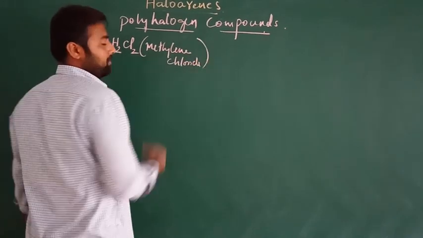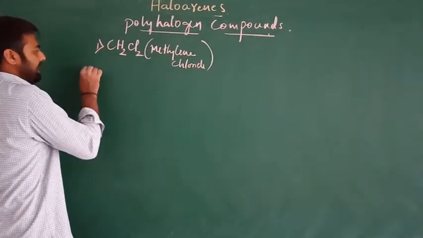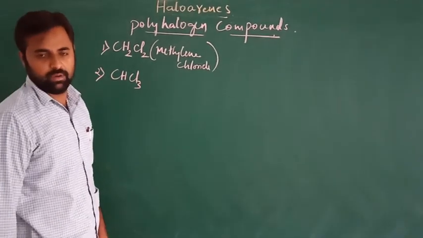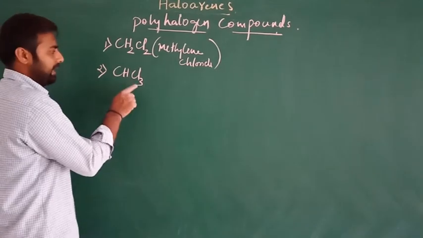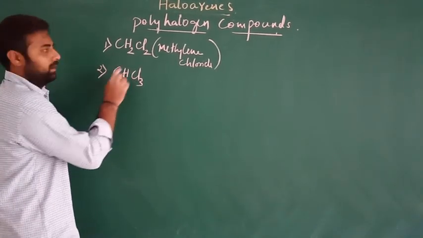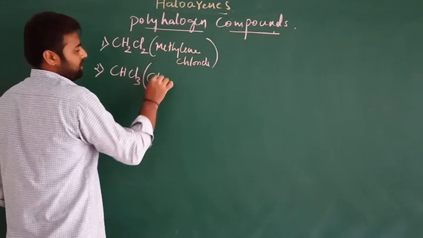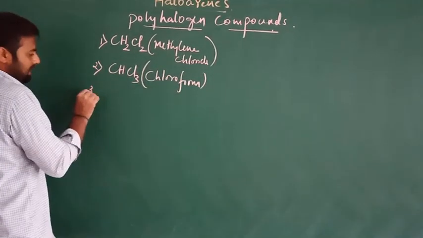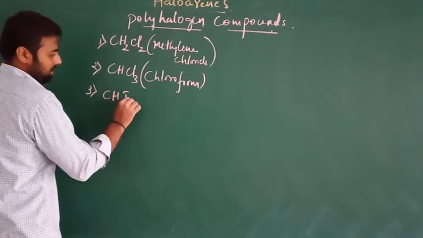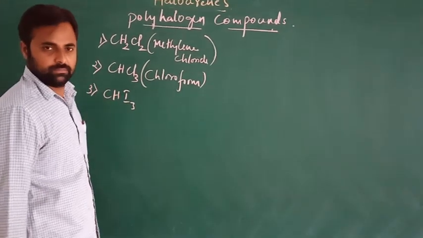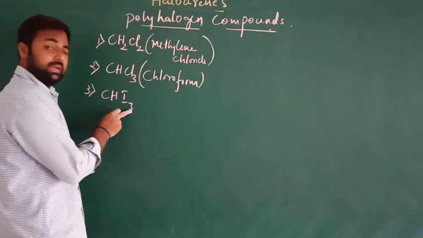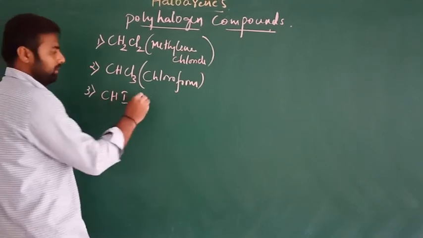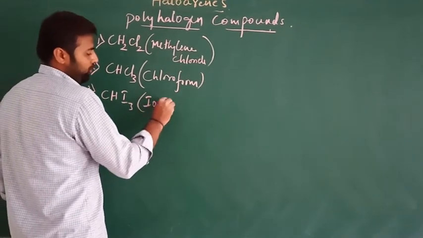Methylene chloride. The second one is CHCl3, chloroform or trichloromethane, or common name is chloroform, right? Third one is CHI3, iodoform or triiodomethane or iodoform.